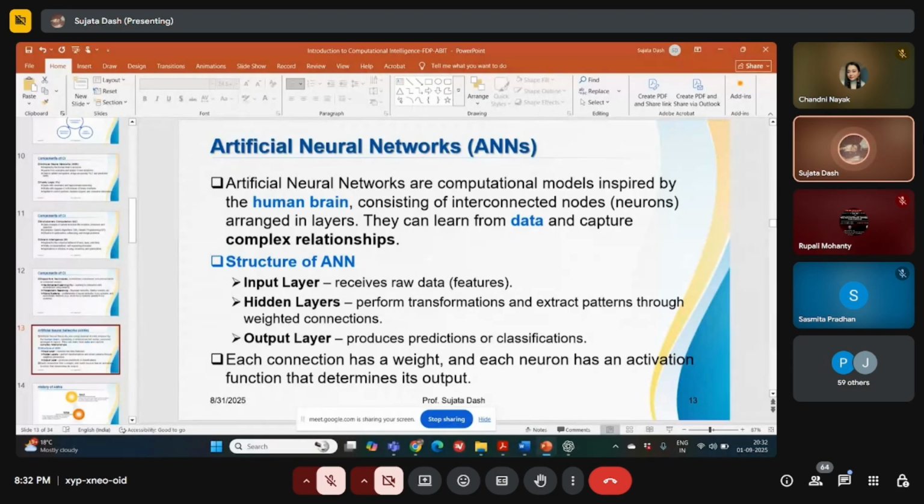The input layer receives the raw data, or what we call features. The hidden layers perform transformations and extract patterns from the data through weighted connections. The output layer produces the predictions, or makes the classification. Each connection has a weight, and each neuron has an activation function that determines the output.